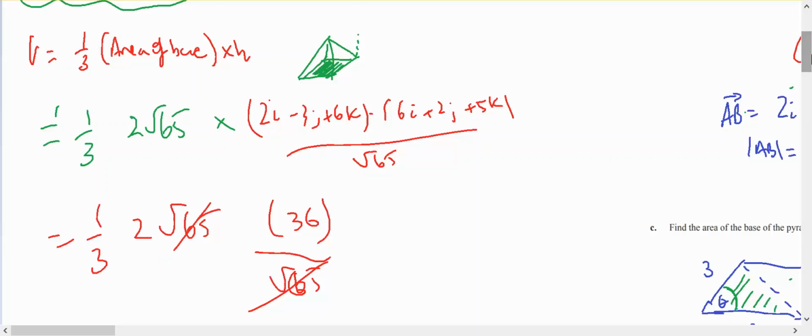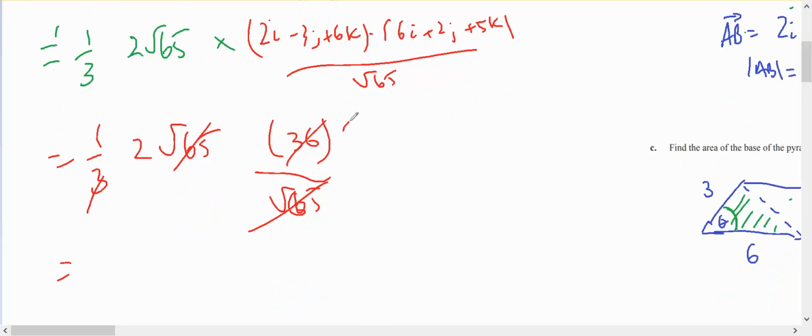The 65's cancel, 3 goes into 36 12 times, 2 12s are 24. Okay, so that's going to be the volume of the pyramid.